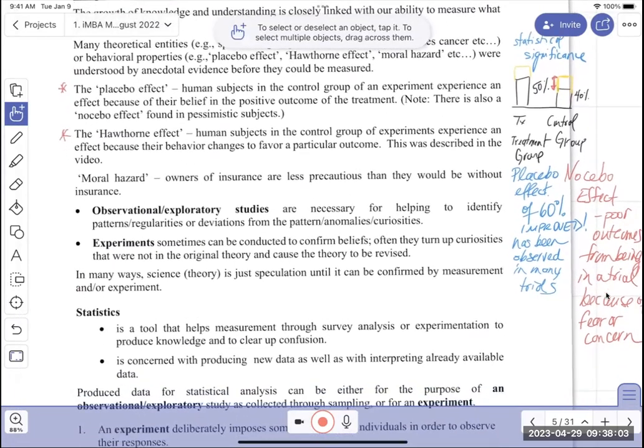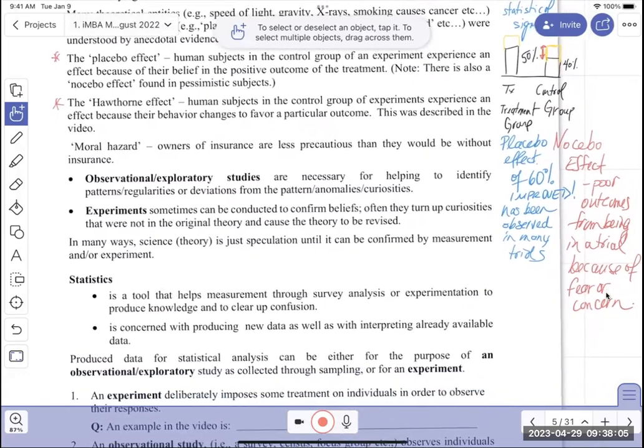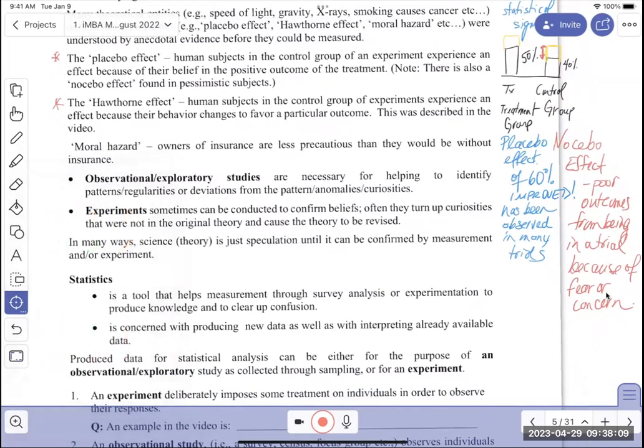All right. So then you're taught about the difference between observational studies and experimental studies. So in general, what's the difference? If someone wants to tell me.